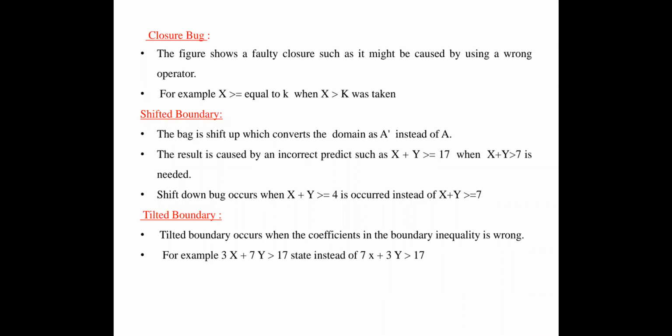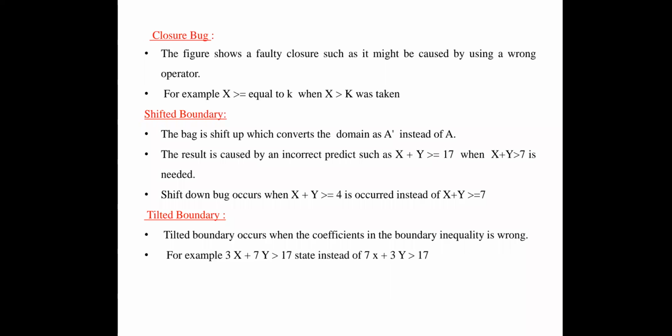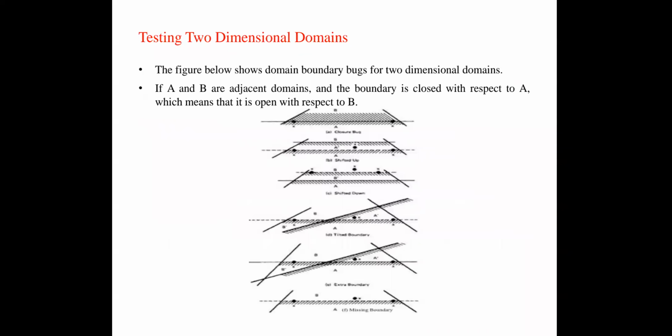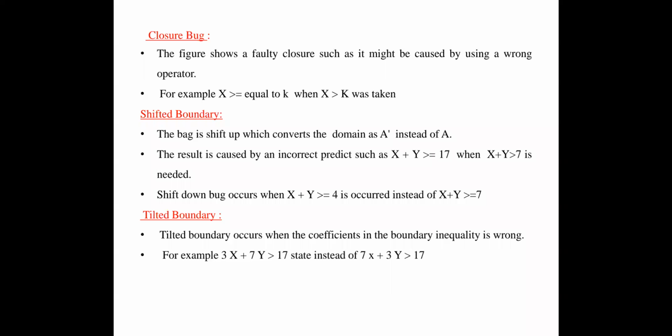Next, tilted boundary. A tilted boundary occurs when the coefficients in the boundary's inequality are wrong, the coefficient values of x and y. That's why it is represented in a perpendicular format. So in a tilted boundary the error will always be in a perpendicular format, because the coefficients are wrong. For example, 3x plus 7y greater than 7 is stated instead of 7x plus 3y.